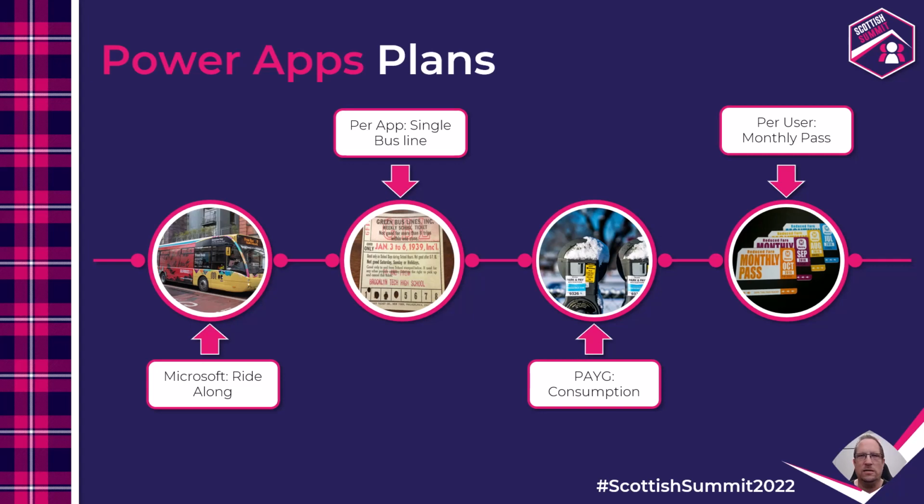Or if we travel a lot, and we go from subway to train to bus, different types, different lines, different areas, maybe a per user license, such as a monthly pass, is a good option to take.